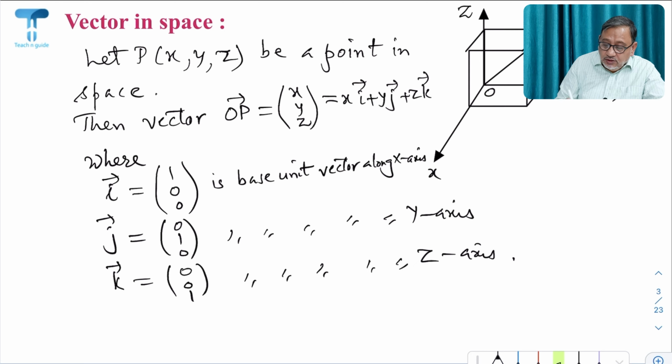Okay, so like that we can represent a vector in space, OP.